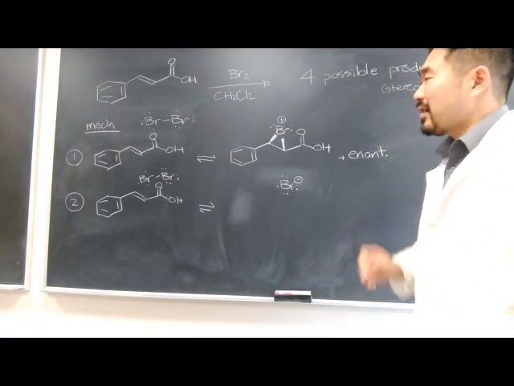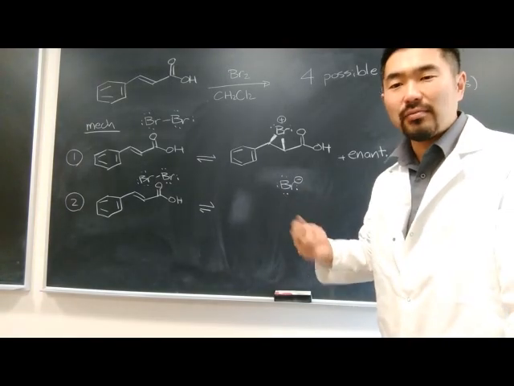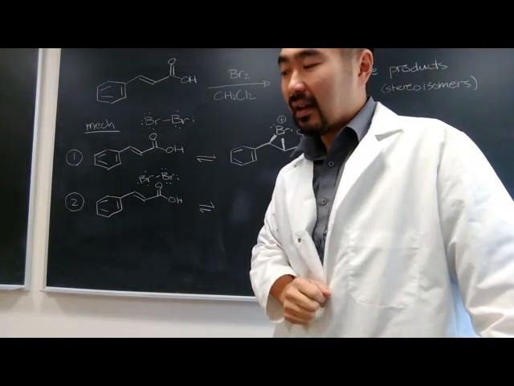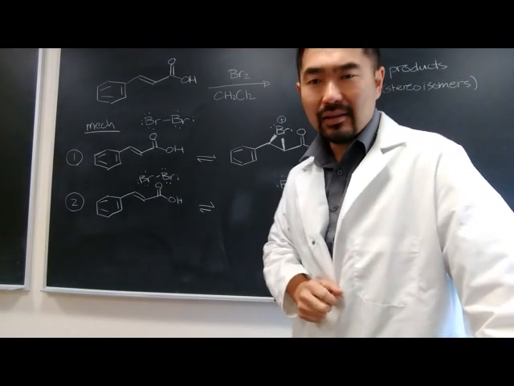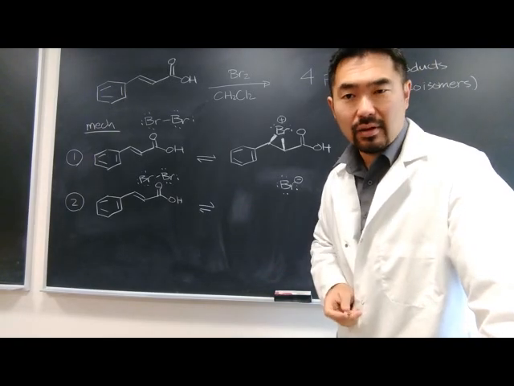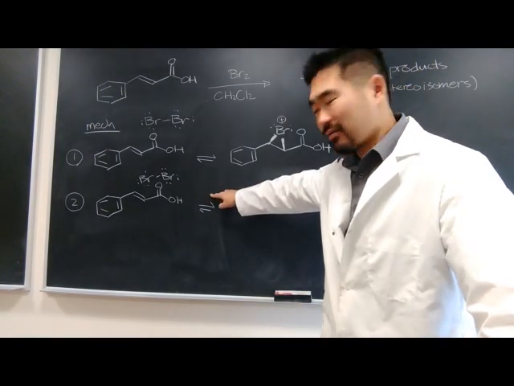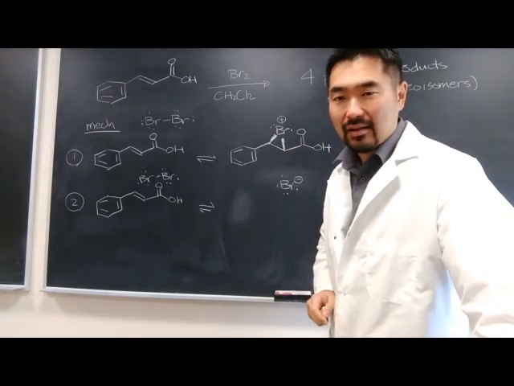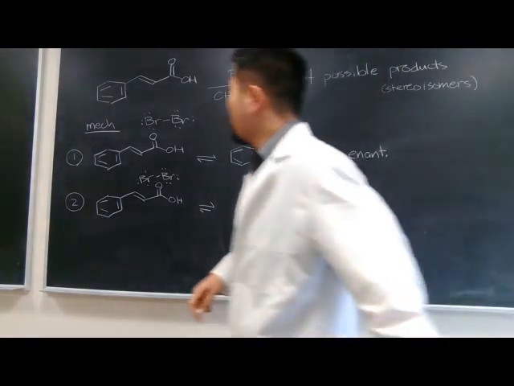Now, as far as the mechanism goes, there's two potential mechanisms that are proposed in the lab manual. And just to show you what those two pathways are, the first goes through a bromonium cation. The second one goes through just a carbocation instead of the cation being on the bromine.